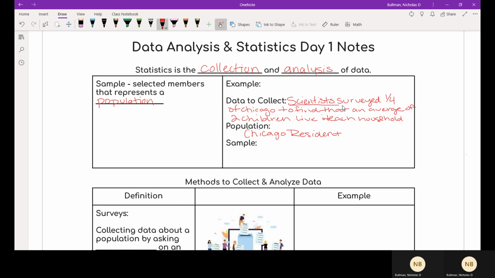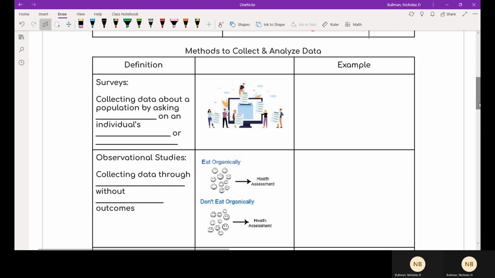Scientists surveyed 1/4 of Chicago, so our sample is 1/4 of Chicago residents. Our sampling of our population gives us an accurate representation of the entire population.